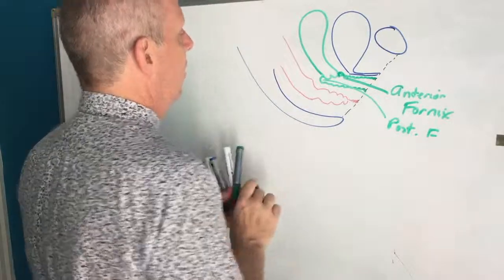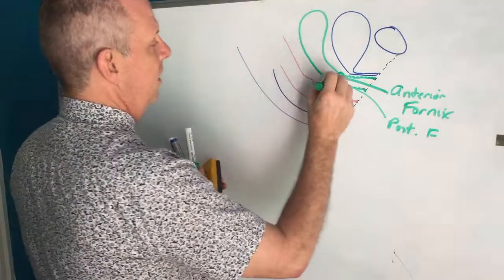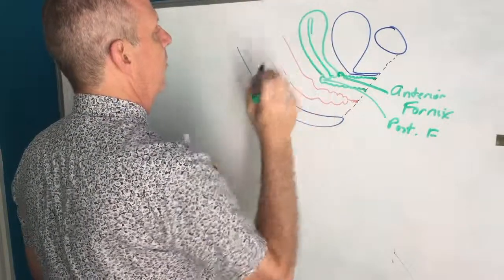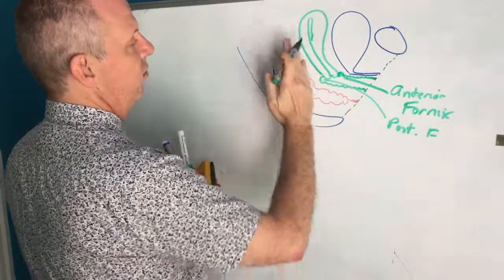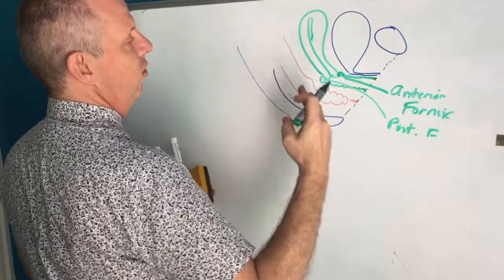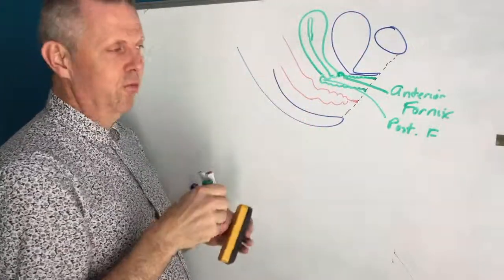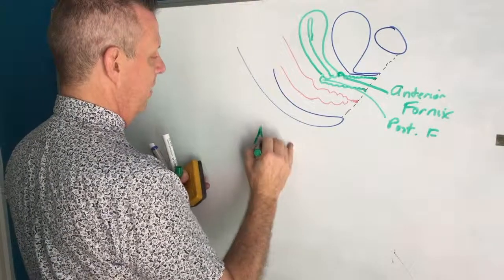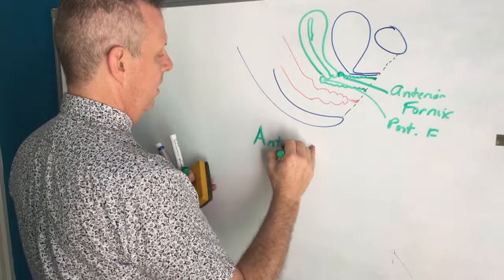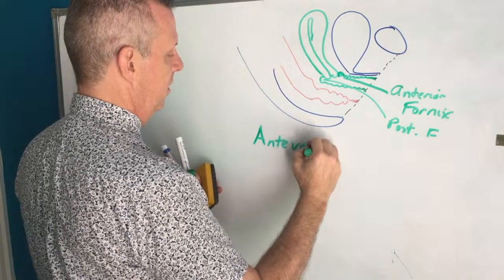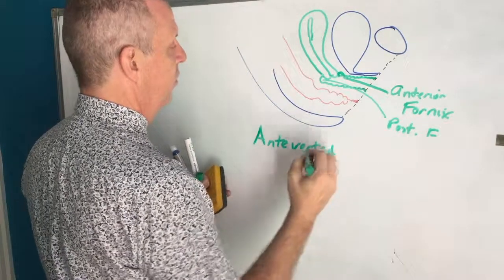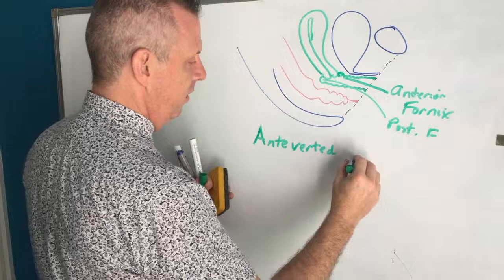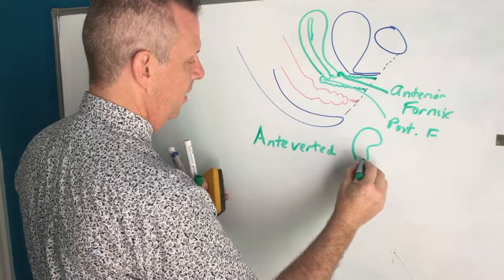Now, here is the cavity of the uterus. This uterus is facing towards the pubic bone, so it's facing forwards, and the medical term for that is anteverted. I'll just write that over here. Anteverted, which means it's facing in a forwards direction.